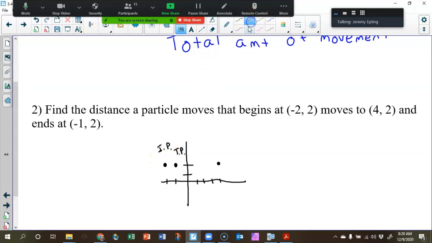The distance we've traveled is very different than the displacement. Because we came out through here and we went to the right 1, 2, 3, 4, 5, 6 units. But then we turned around and we moved back to the left 5 units.